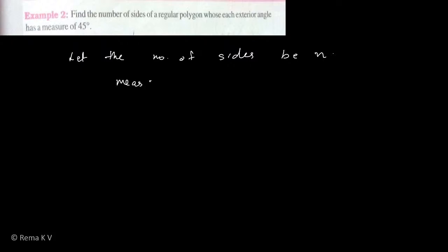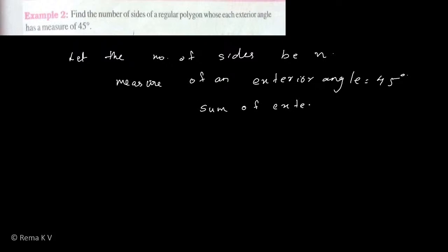The measure of an exterior angle is 45 degrees. Like this, how many angles are there? n angles. So what is the total? The sum of all these n angles, the sum of exterior angles, is equal to 360 degrees.